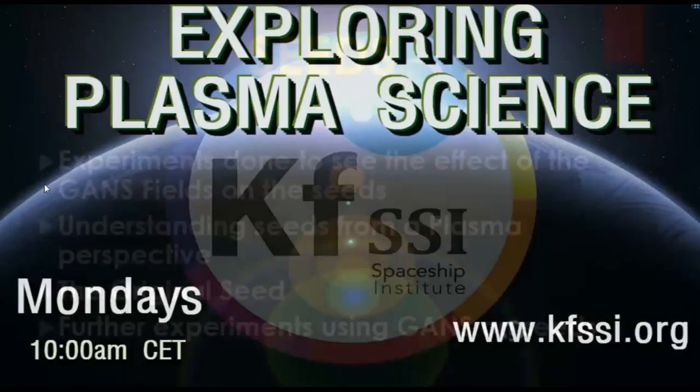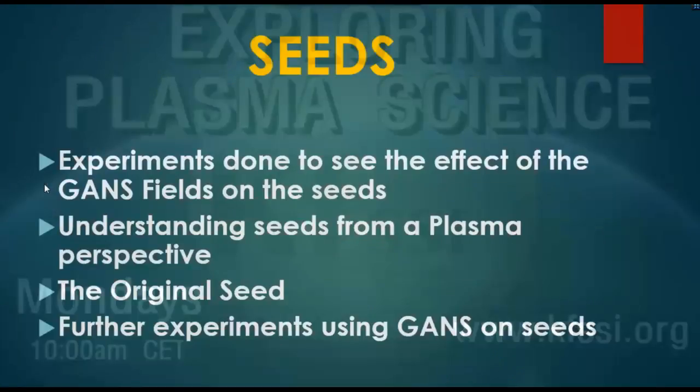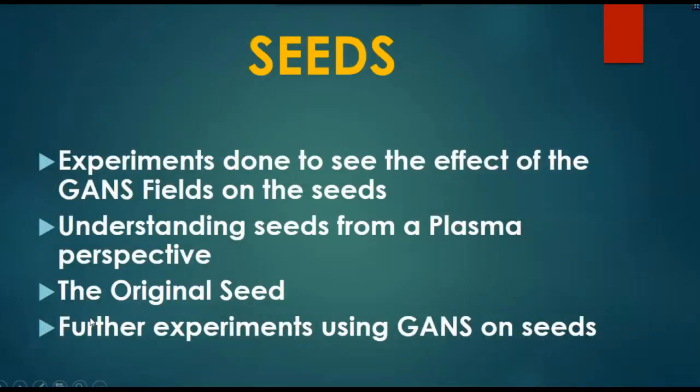Okay, so when we have a look at agriculture and seeds, it's a case of how one can use the different GANSes that we've learned to make over time, and how this has an effect on agriculture, whether it's our garden, our plants, or how we can actually use it.